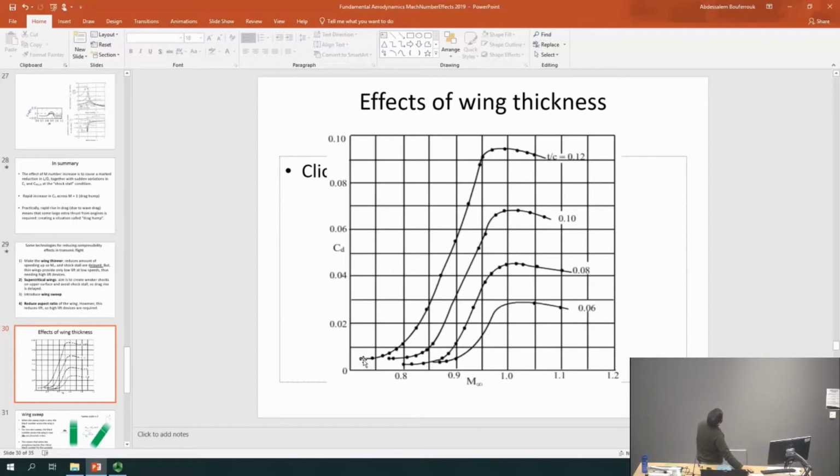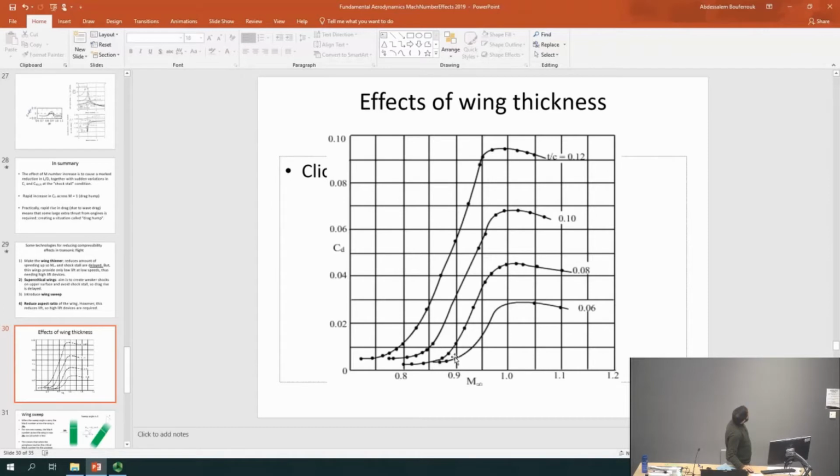So if we look at the first one, which is 12% thick, you guys can see, okay, as usual, a fairly constant drag coefficient. After that, it starts to increase slightly. So that's probably where the critical Mach number is. And then suddenly, at just below 0.8, you get the sudden drag rise for that particular thickness. Now, if you compare that with a thickness of 10%, clearly you can see that this drag rise is actually delayed to around 0.86, which is good news.